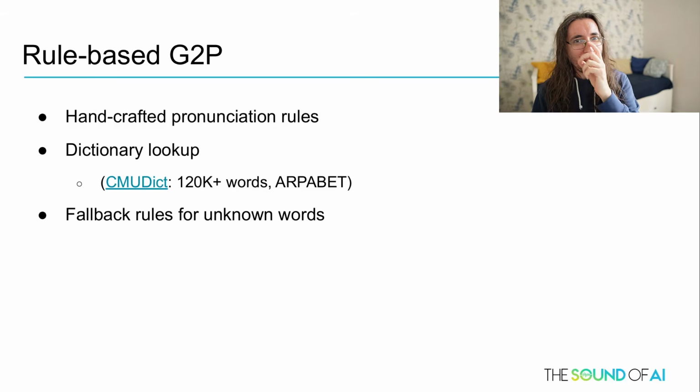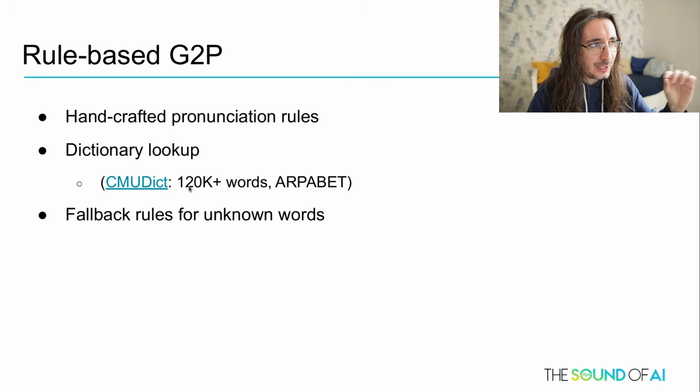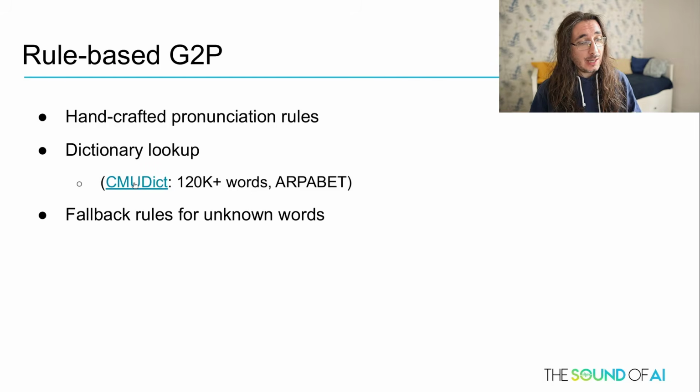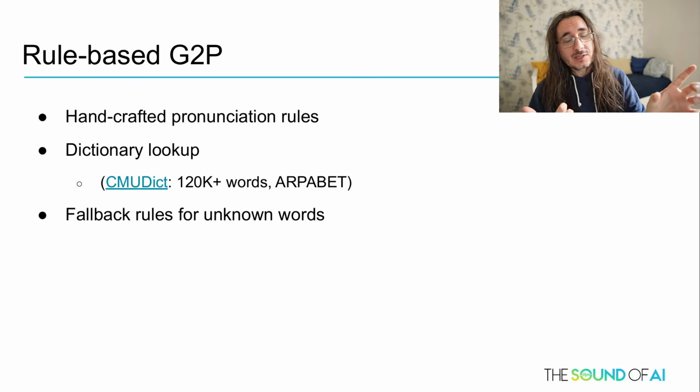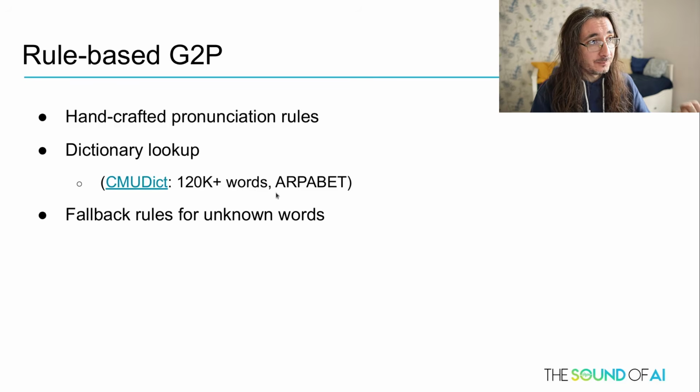This is quite interesting, and I'm going to show you super quick CMUDict, the Carnegie Mellon University dictionary. It has more than 120,000 words, and you can look up these words and you'll also get the relative phonemes associated with those words.